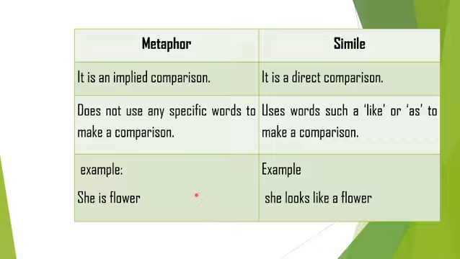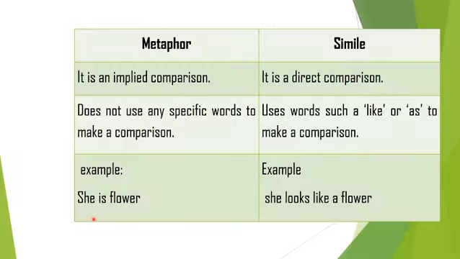For getting a clear idea, we will see the chart. Observe the chart given in the slide. Metaphor has an implied comparison, whereas simile is a direct comparison. In metaphor, we do not use any specific words to make a comparison, whereas in simile, words like or as are used to make the comparison.